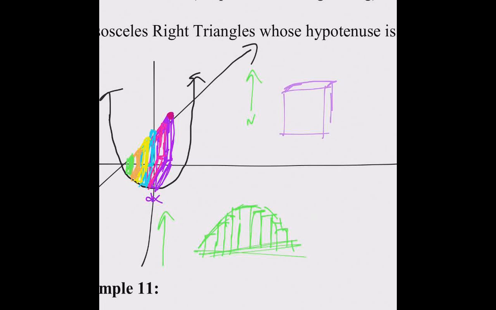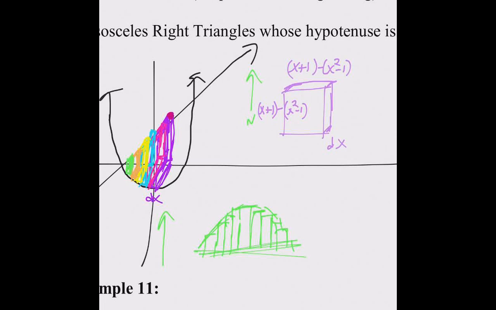Here's exaggerated purple. The width of this thing is x plus 1 minus the bottom function, which is x squared minus 1, right? And then the other dimension, the same. It's a square. So look at the width and the height.